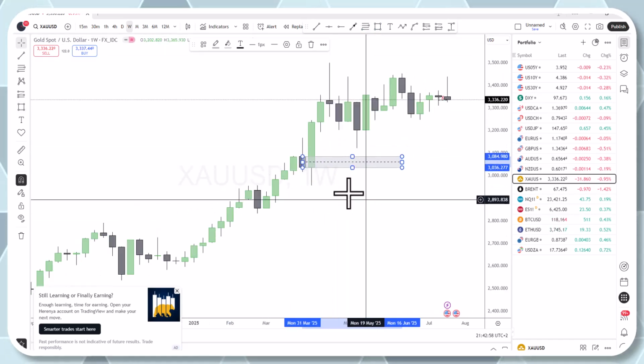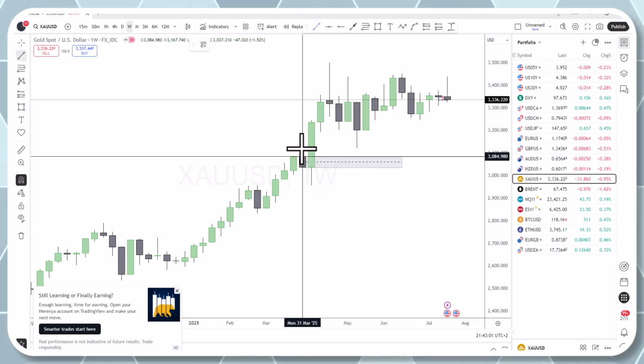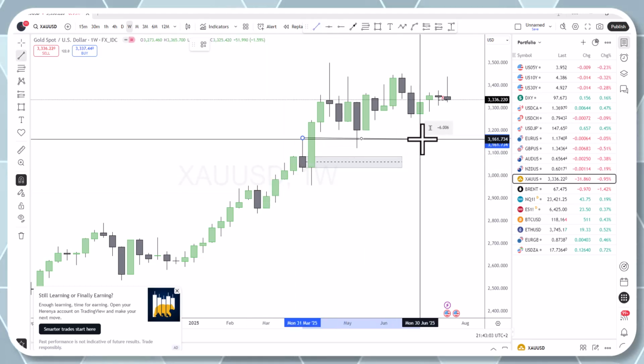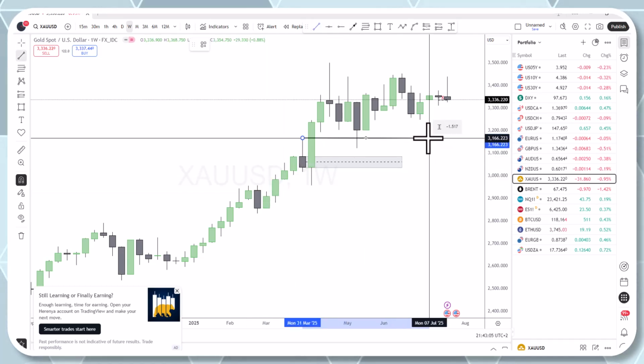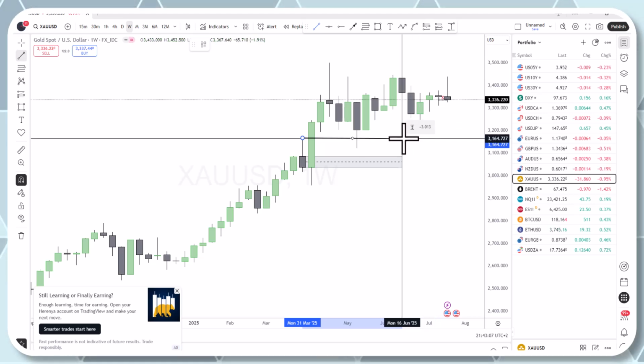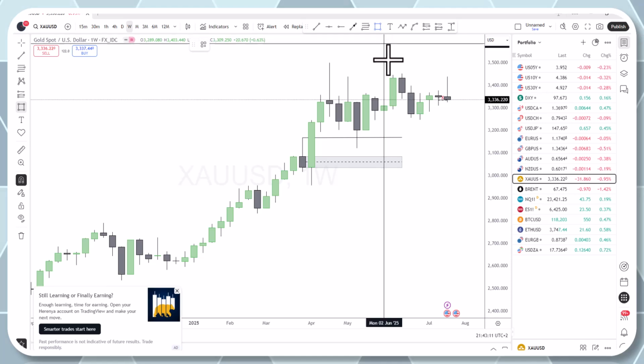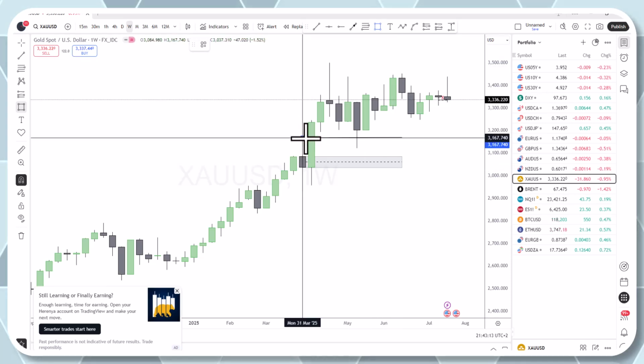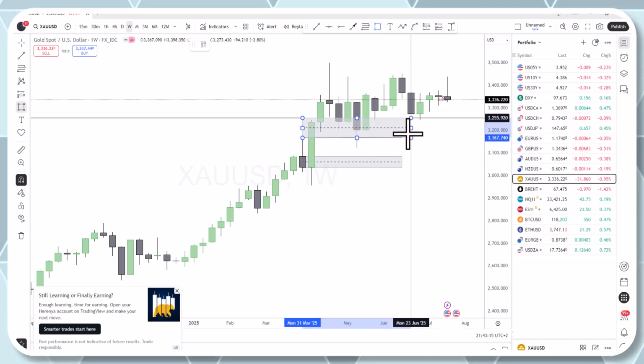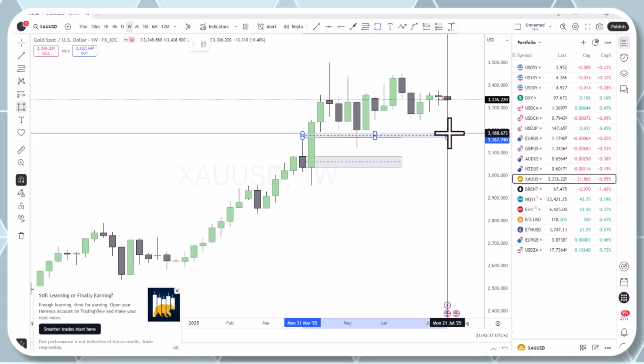Of course, we know that this is bullish higher time frame wise. That's the break of structure. That's our break of structure. Where is our imbalance? Right here. That's our imbalance right there.